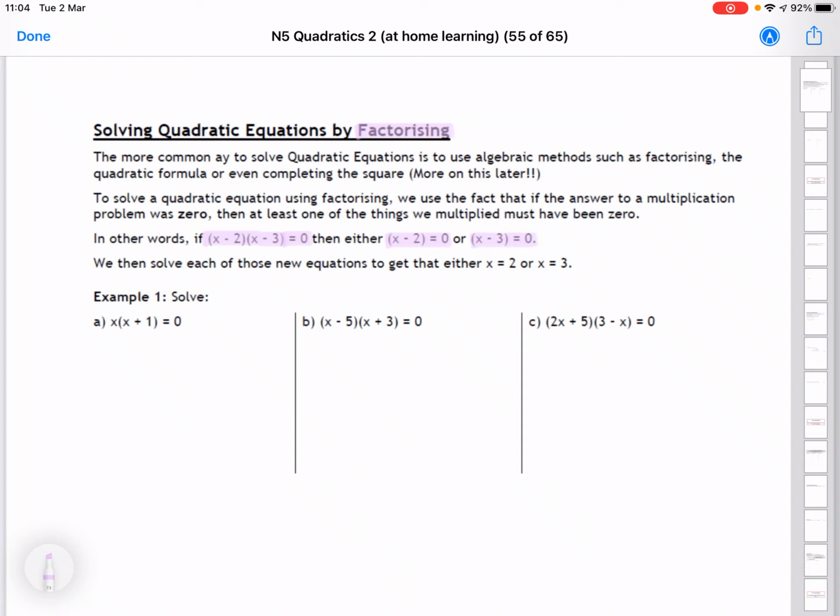We take both of those eventualities as our solutions. The first bracket, if x minus 2 is equal to 0, then x would be 2. And if the second bracket, x minus 3, is equal to 0, then x had to be 3 in that bracket to get a 0. So our two answers there would be x equals 2 or x equals 3, and we just write both solutions.